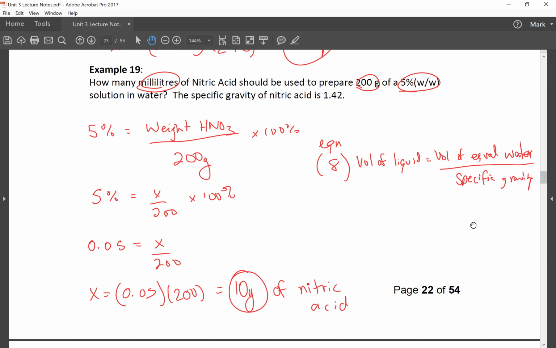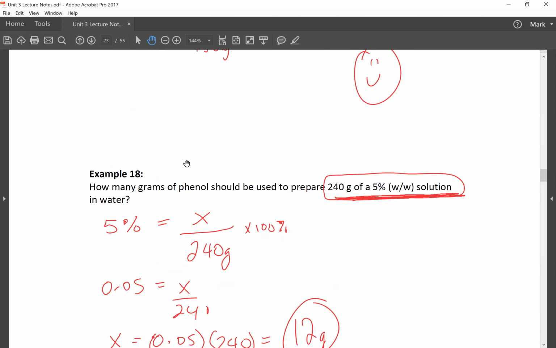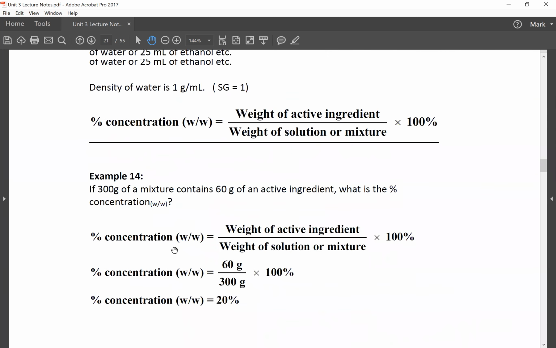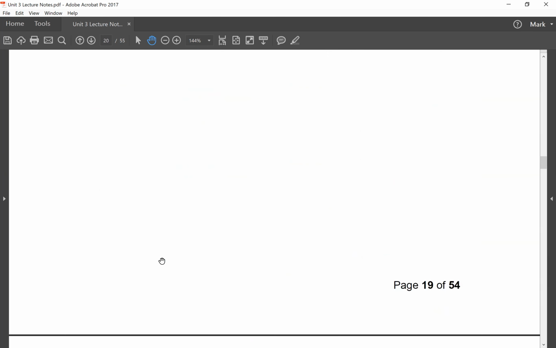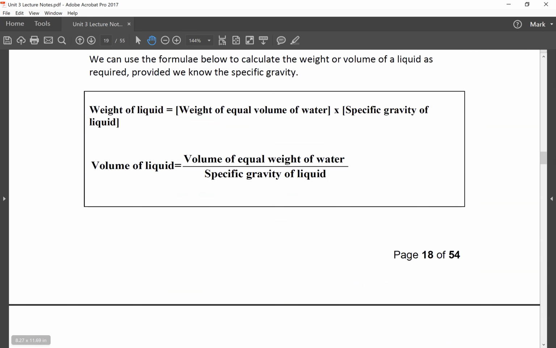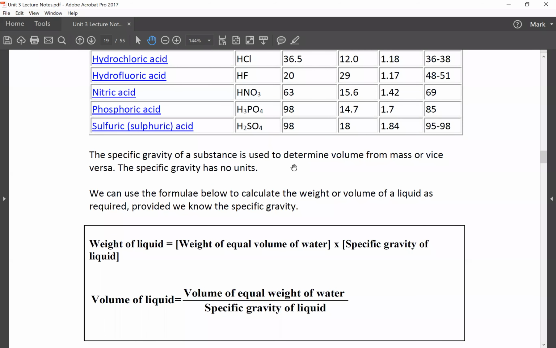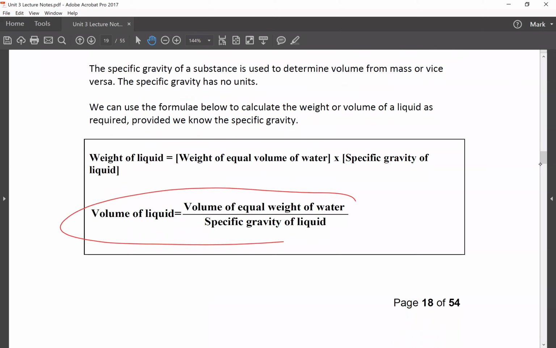If any of you don't know where this formula is coming from, we looked at this last day, all the way up here on page 18. These formulas are on page 18. So I'm using this formula here.